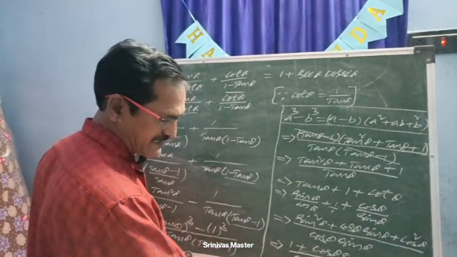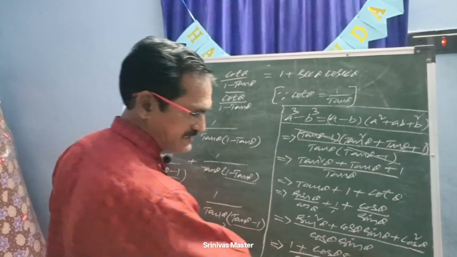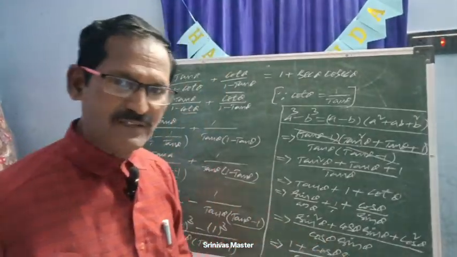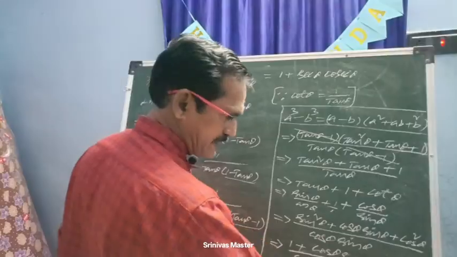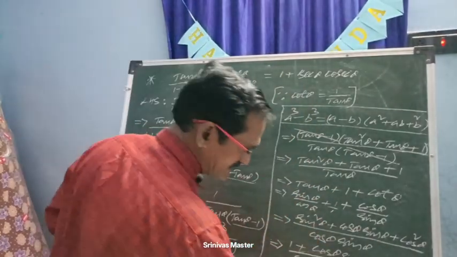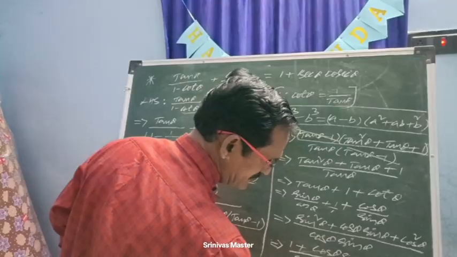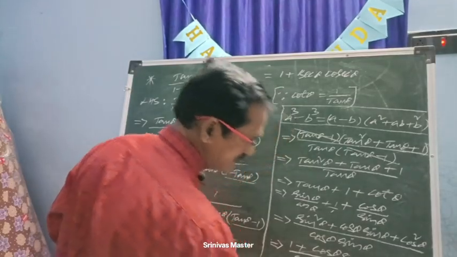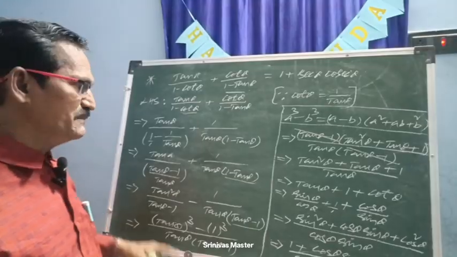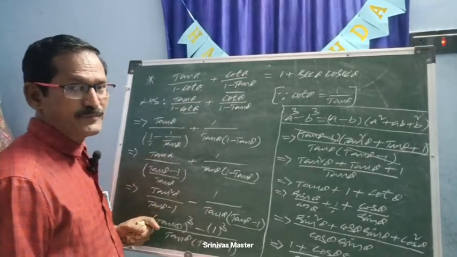Cos theta sin theta by cos theta sin theta, these two will be cancelled. So you are getting sec theta cosec theta plus 1. Otherwise you can say 1 plus sec theta cosec theta, which is the RHS. Hence proved. So LHS is equal to RHS. Be alert regarding this problem.